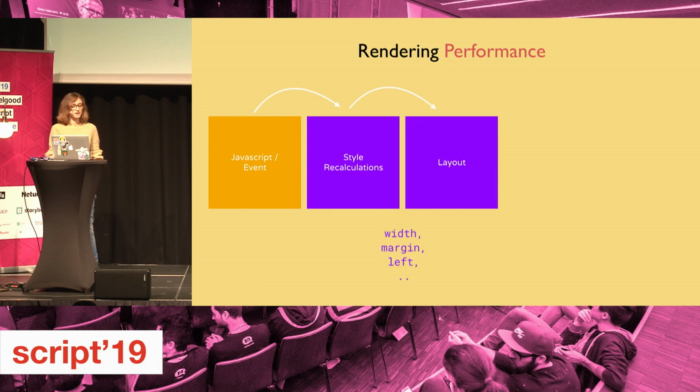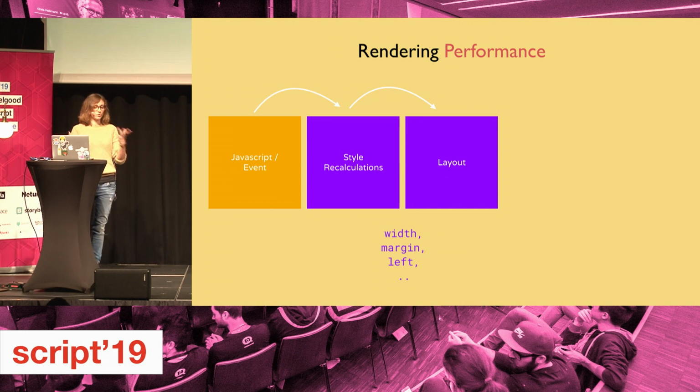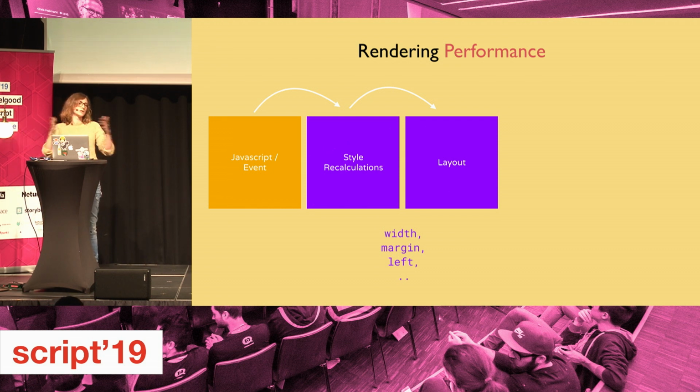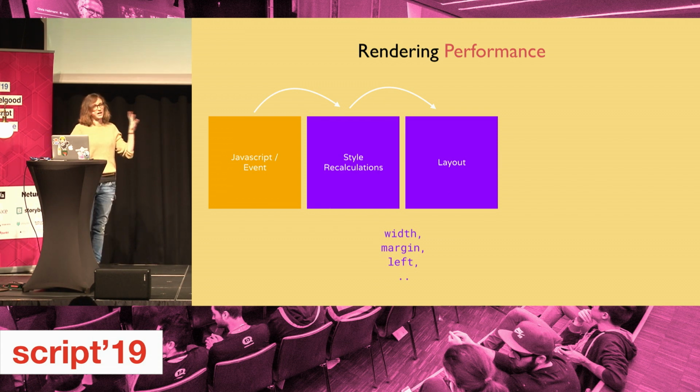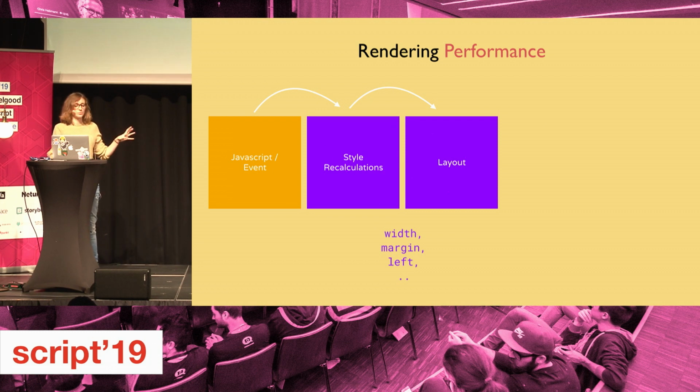And then the next part, we could animate something like width, height, left, top, whatever layout properties there are, you can animate those. But these are really unperformant to animate because we always have to recalculate all new styles. We have to figure out how much space each element needs. And that can take a lot of time. So normally we should skip animating those properties because they're really unperformant.